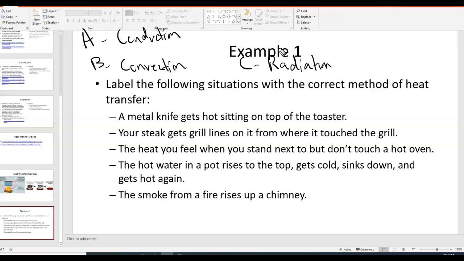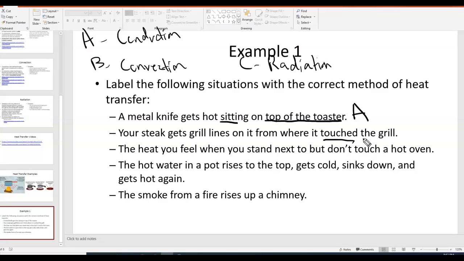A metal knife gets hot sitting on top of the toaster. You have two solids in direct contact with each other, so that is definitely transferring heat by conduction. Remember, you typically have conduction when at least one solid is involved. The second one says your steak gets grill lines on it from where it touched the grill.